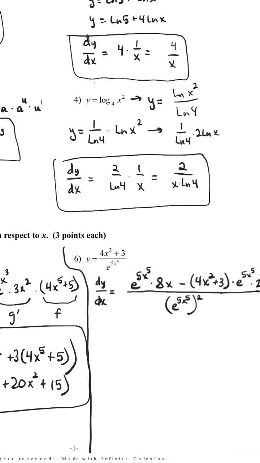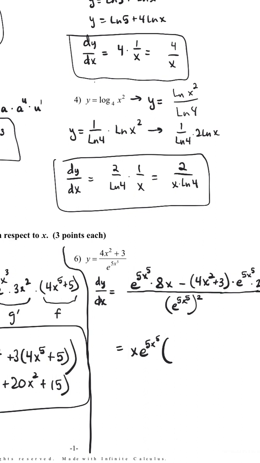Now as we look to simplify in the numerator, this minus sign here separates to a left half and a right half. So if we look for common factors, we have e to a power 5x to the fifth here, same thing there, so that's a common factor. Between 8x and 25x to the fourth, the common factor there would be just x. So I'm going to factor out of that numerator an x and e to a power 5x to the fifth.